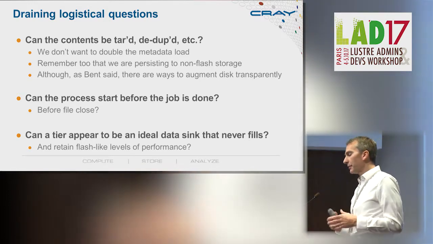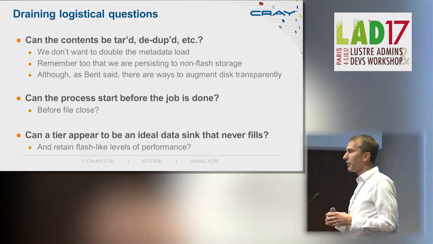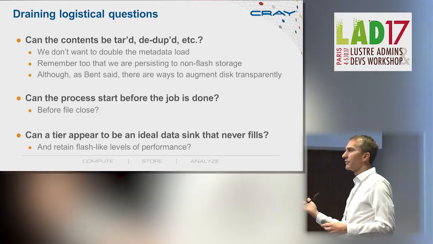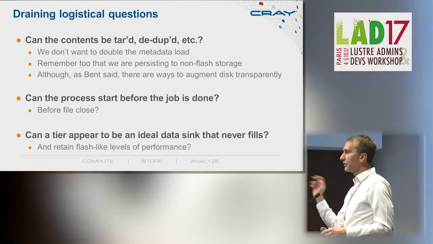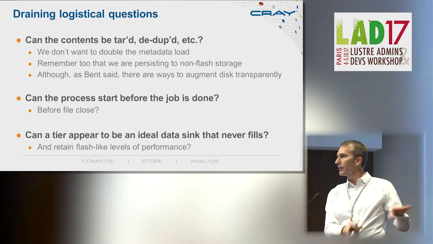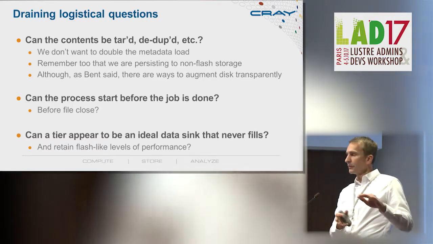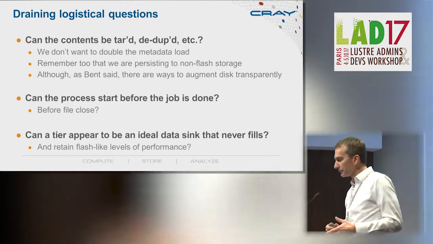I said ideally because in an ideal sense, we'd want to present these pools as a data sink that never fills up, right? So I can write whatever I want into it, and Lustre will do the right thing to drain the tier onto the rest of the tiers, say the capacity tier.